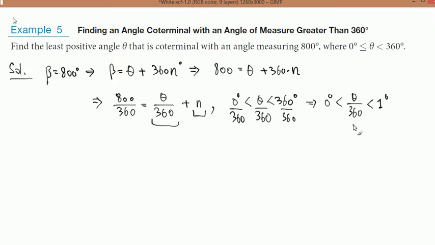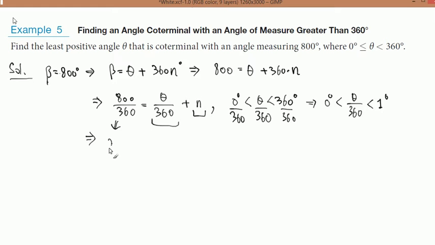This part is only showing after the decimal point. I'm going to use a calculator to calculate 800 divided by 360. This is a nice method when it is instead 8,000 or 80,000 divided by 360. What do you get? 2.22.